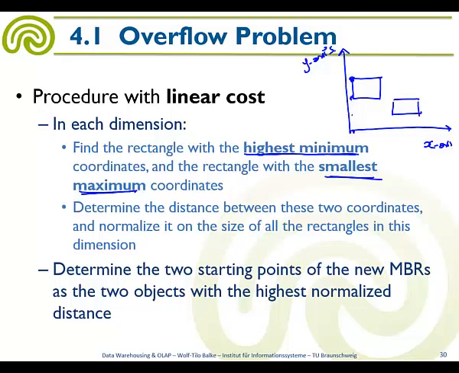So this is the minimum on the x-axis. So this might be 3, and this might be a half. So this has the minimum, and you look at the highest point. So you choose that point. Okay? And if you're looking at the smallest maximum, this would be the maximum point on the x-axis. So this is the biggest one on the x-axis, this line over here. And the smallest would be that one here. Right? So this is just to understand what each coordinate means.